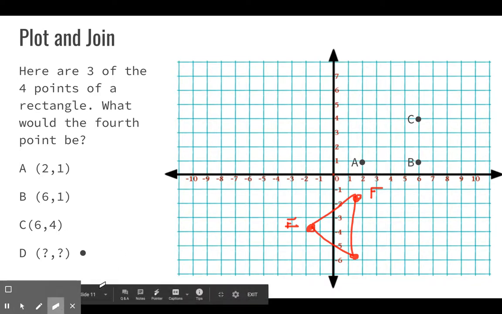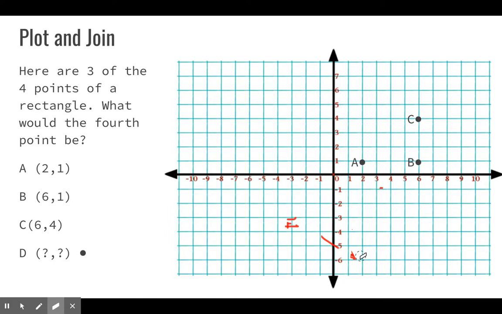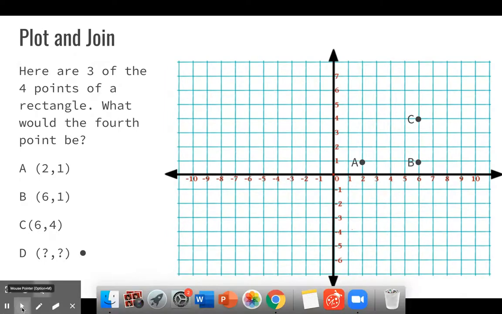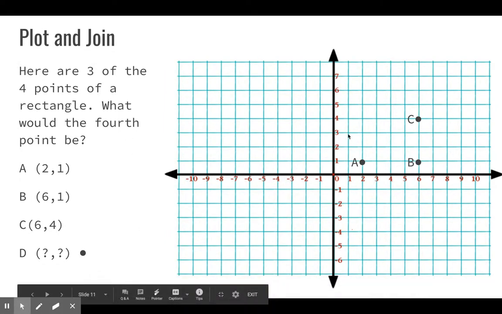So let's go ahead and get rid of our triangle again. So this question's a little bit more challenging, a little different. I've already plotted 3 of the points, and I'm telling you that the shape should be a rectangle. So what would the 4th point be? Where would that 4th point go?